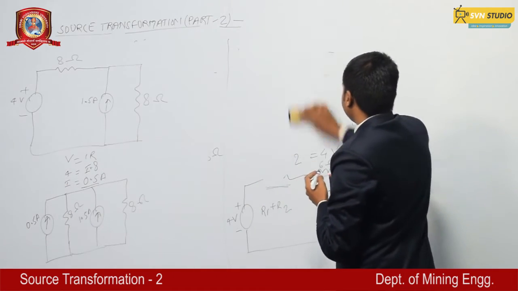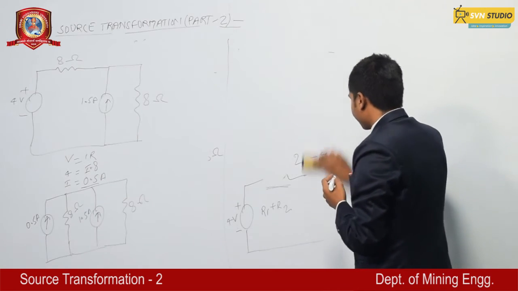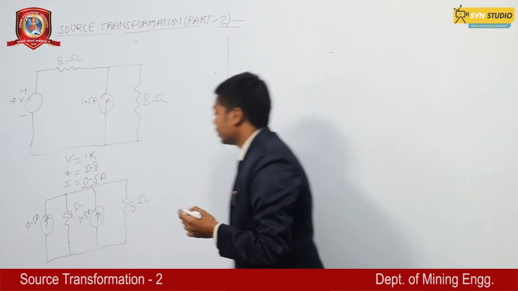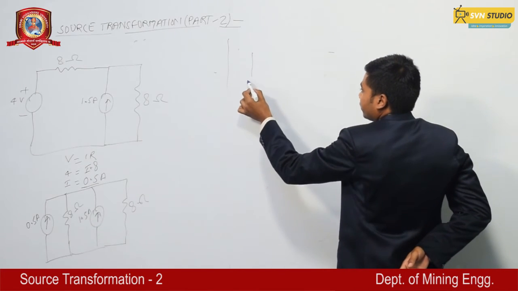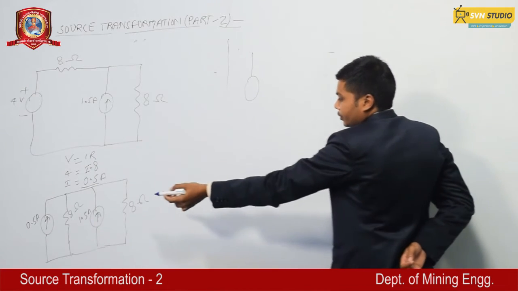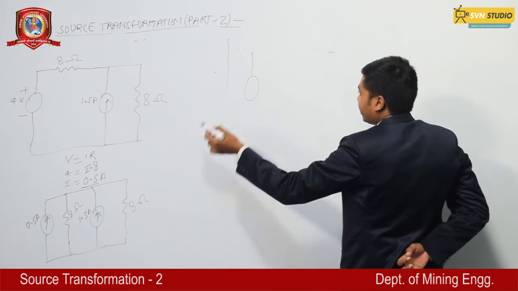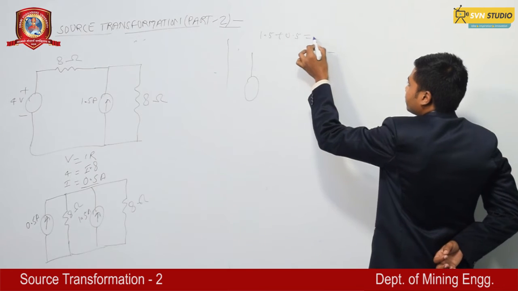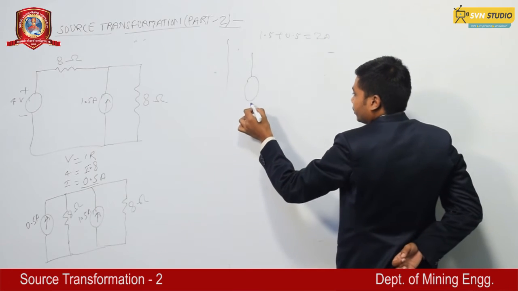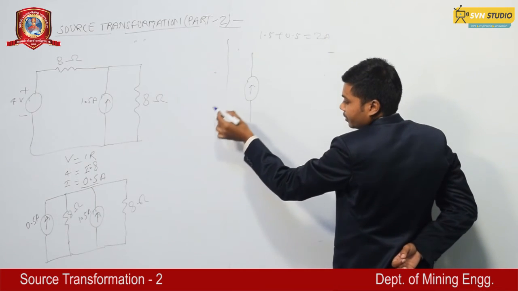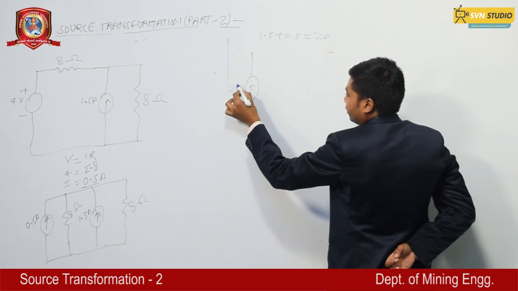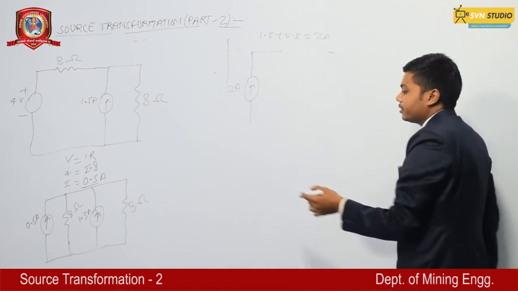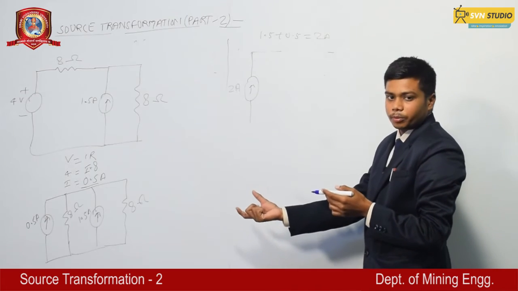So again, these current sources will add up. What will be the final result? It is 1.5 plus 0.5, it is 2 ampere. The direction will be the same, it is 2 ampere, and for the parallel connection of both the resistances, it is R 1 into R 2 upon R 1 plus R 2.